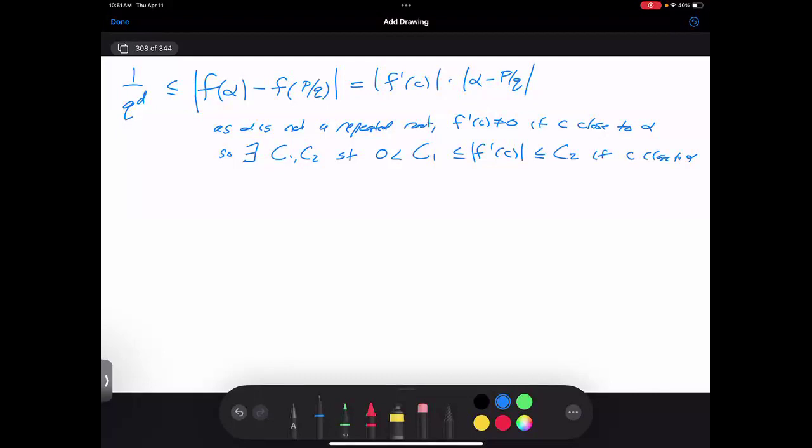That would be a contradiction. So I know f prime of c can't be 0. I just want to make sure I'm not dividing by 0, that I'm not doing anything illegal. So I get that alpha minus p over q is greater than or equal to 1 over, the largest f prime of c could be would be C2, so 1 over C2, times 1 over q to the d.